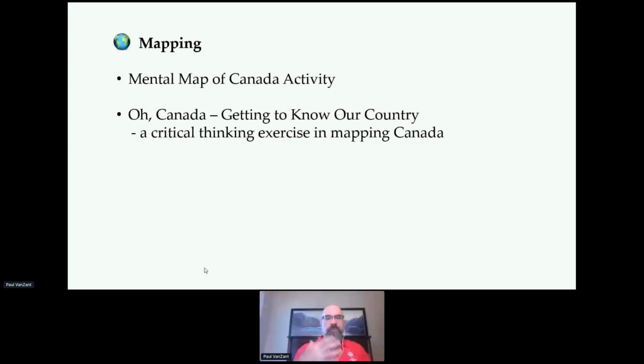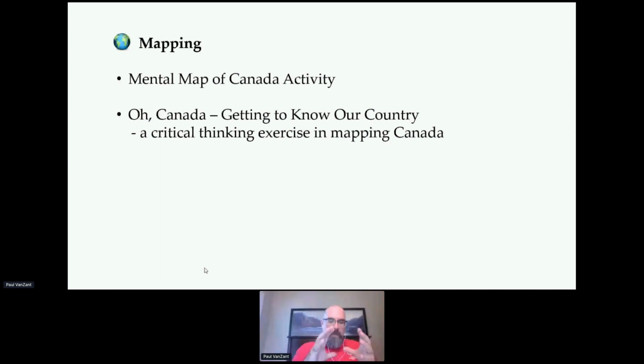And we begin with a visualization, eyes closed, lights off, picture the coastline of Canada, where can you see the major bodies of water, the rivers, the political boundaries, etc. And then once they visualize it, to try and draw it. The cool thing is that it gives us a little bit of a window into prior knowledge, or in many cases lack thereof.